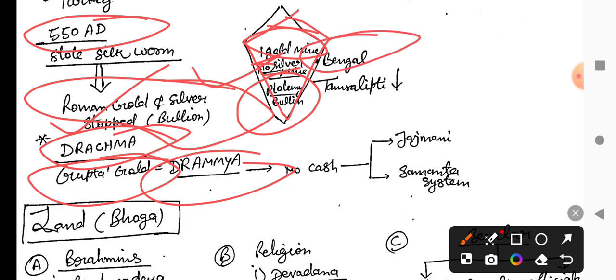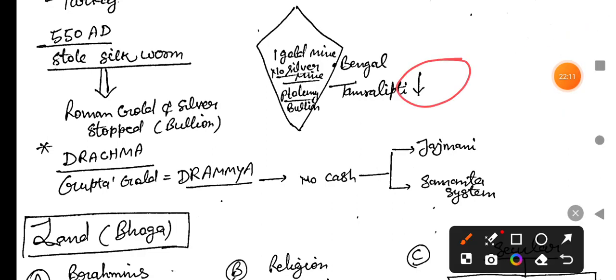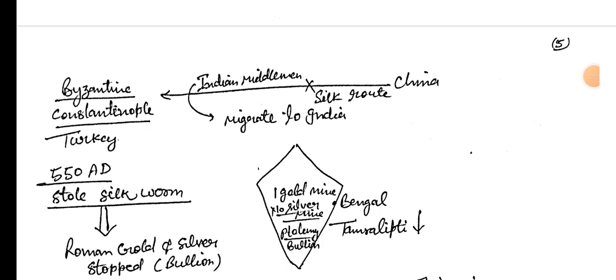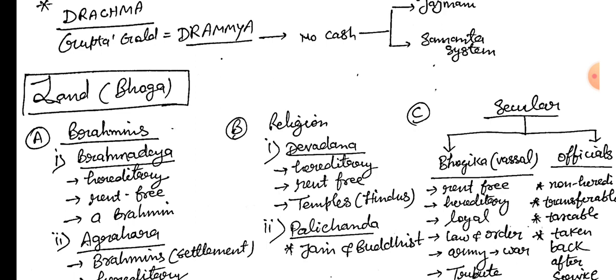And Bengal has only Tamralipti port city. Tamralipti also declined due to the decline of this silk route, okay. So trade declined heavily at that time, okay.